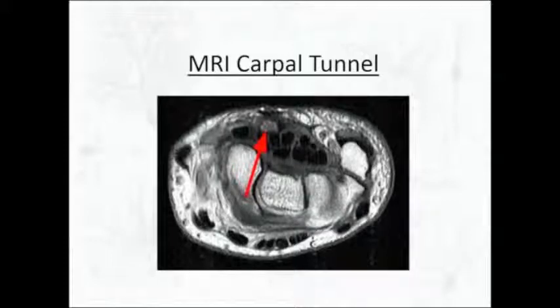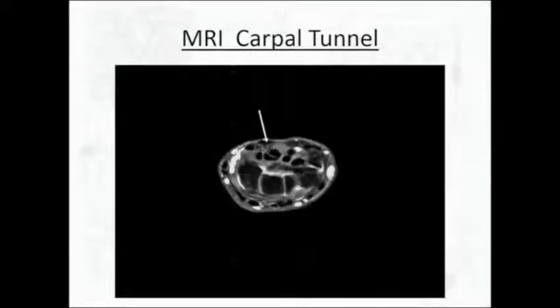Normally we don't get MRIs in cases of carpal tunnel, but in certain instances a person might be getting it, and in this case the median nerve shows up quite well. Tendons are here, bones are here. Tendon you don't see all that well right over the top. Another view, median nerve here, bones here.